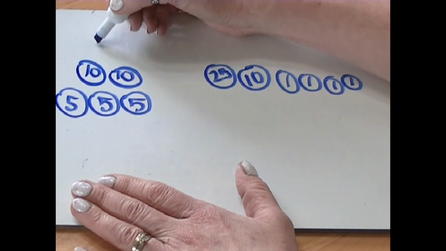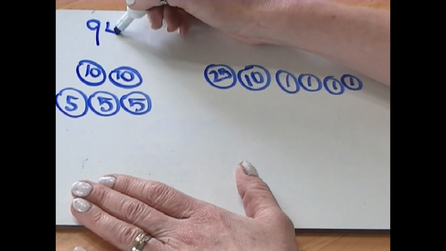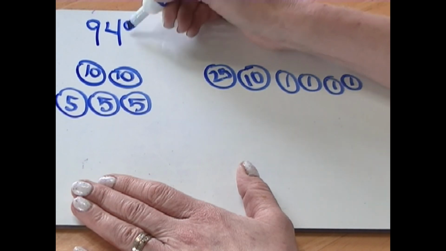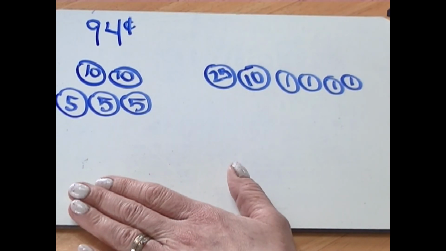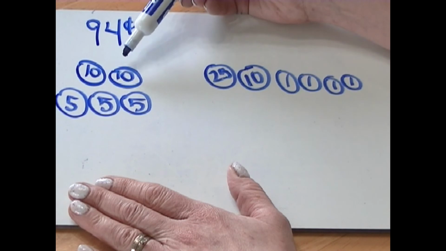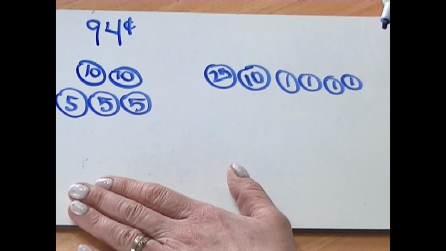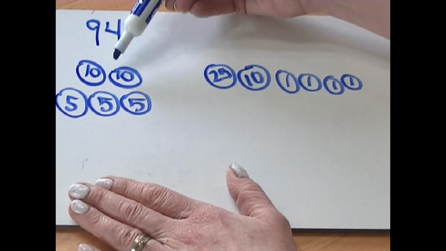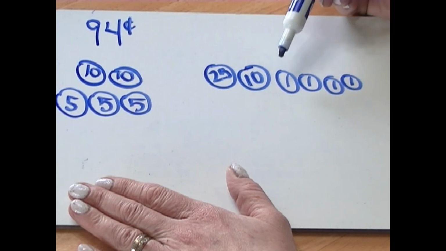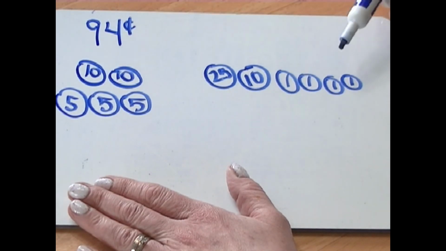So right up here at the top, I'm just going to write down my 94 cents. Because that's what Miles started with. And then Miles got rid of this much money, and then Miles got rid of this much money. So I wonder what he has left. Now, the first thing we're going to have to do when we're solving this is to figure out how much this is and how much that is so that we can subtract it from here.